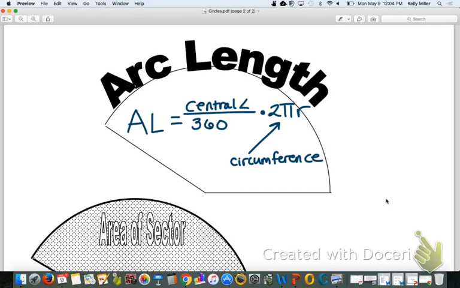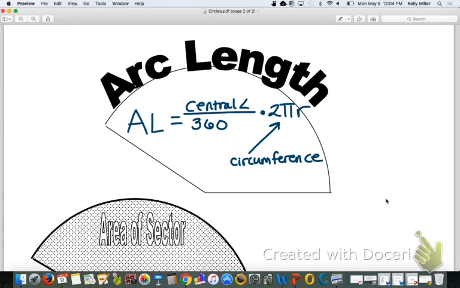What's the measure of the arc in degrees? 110. It's the same thing, right? So there's a difference between the measure of the arc, which is a degree answer, and arc length. Arc length is going to be in units, inches, centimeters. If I physically put a piece of measuring tape and measured it, that's going to be your arc length.